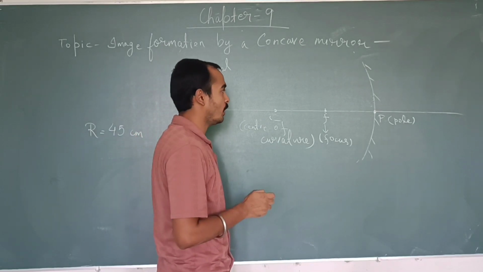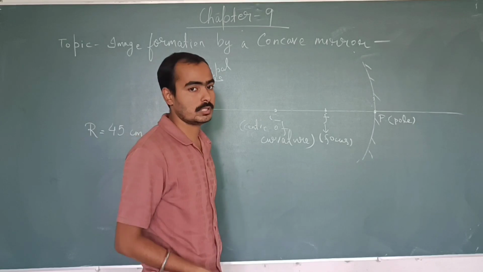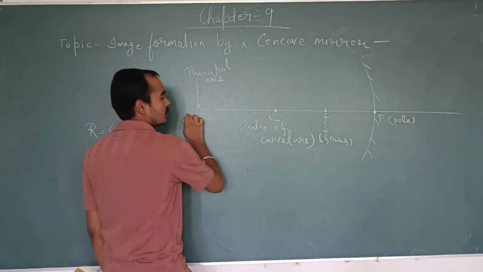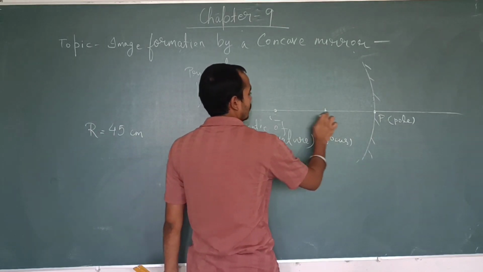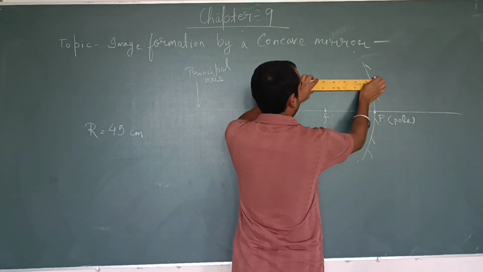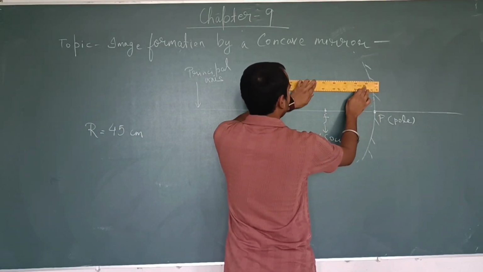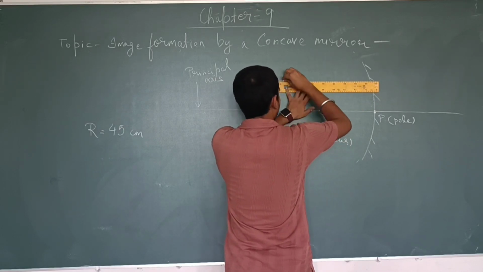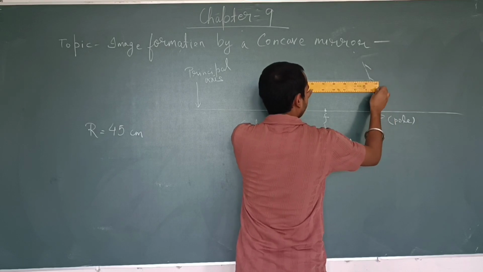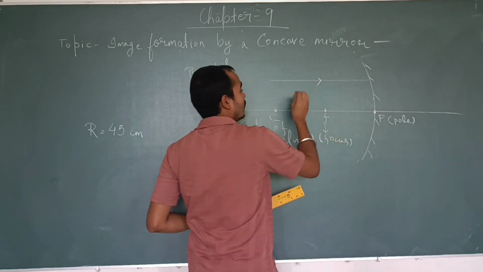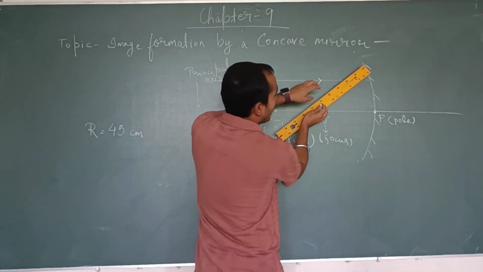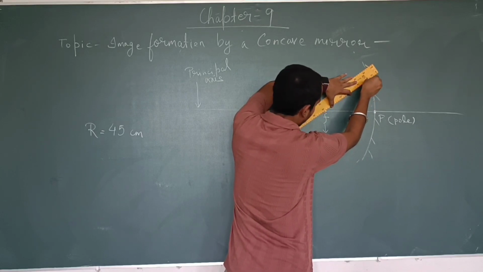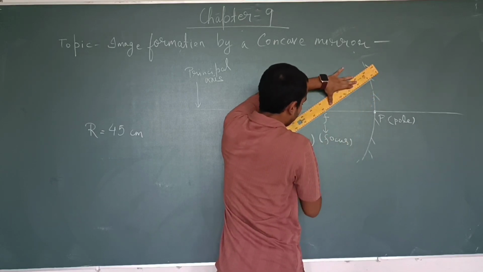Okay. Now to draw a ray diagram, we have certain rules, and we have to see what the rules are. The first rule is, if a ray of light is coming parallel to the principal axis, let us suppose this ray is coming parallel to the principal axis, then after reflection it will pass through the focus.